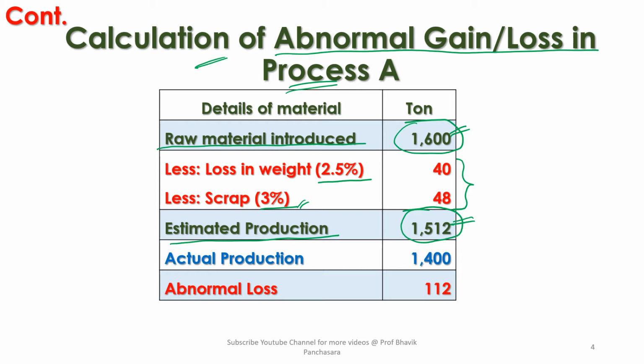Now if we compare this estimated production with actual production, then we will come to know the actual production is less. It is only 1400 ton compared to estimated production. So the difference we can identify as an abnormal loss. So in the first process there is an abnormal loss of 112 ton.